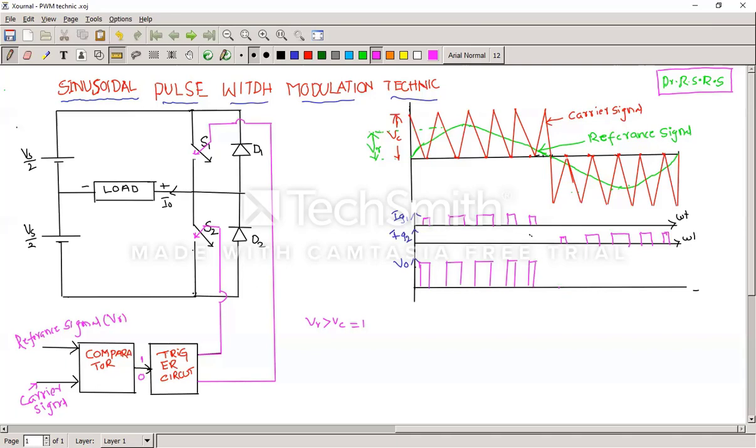Here, negative cycle, S2 is on. So the output voltage is minus Vs by 2.